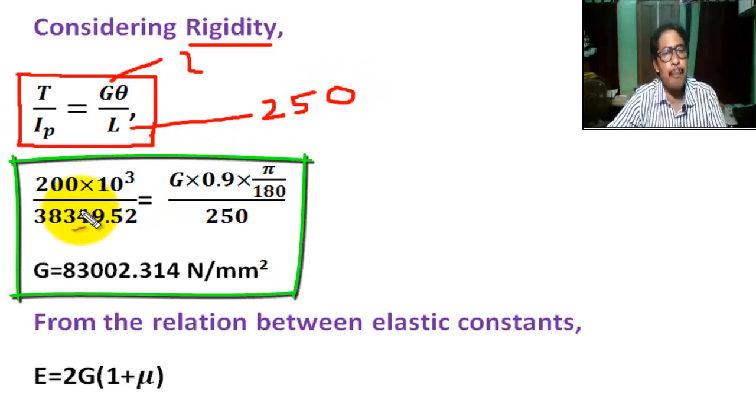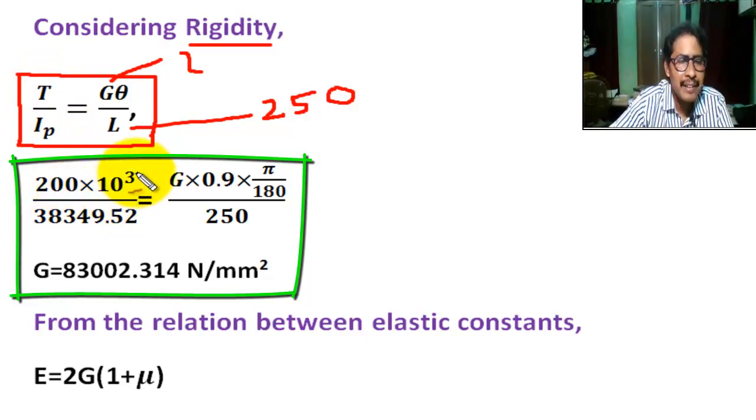Now we just put the value of T, 200 into 10 to the power 3 Newton millimeter. Value of IP, 38349.52 millimeter to the power 4. Value of theta in degree 0.9 into pi by 180.